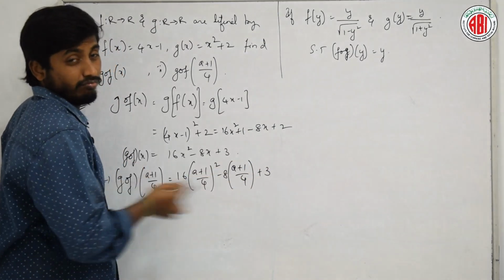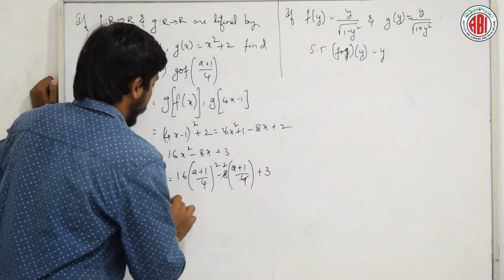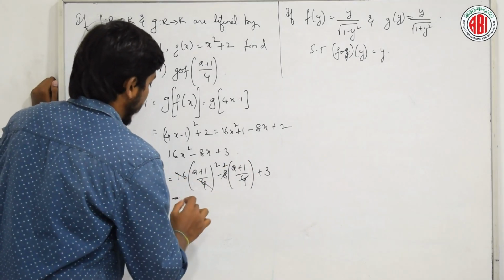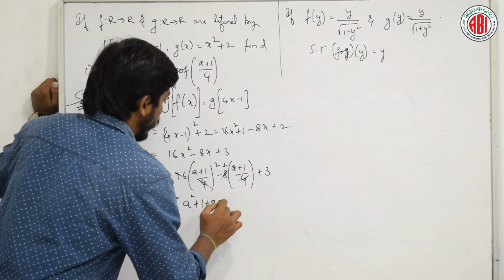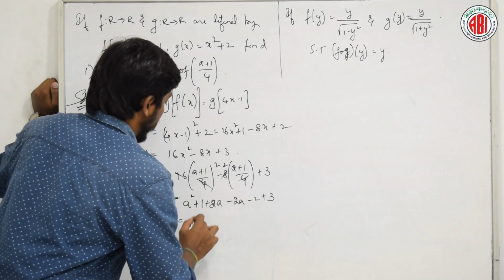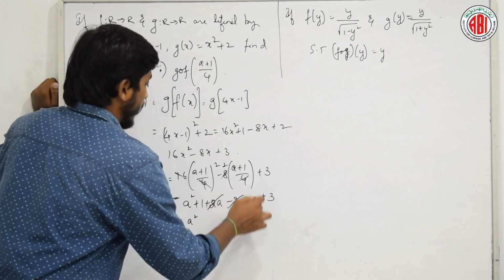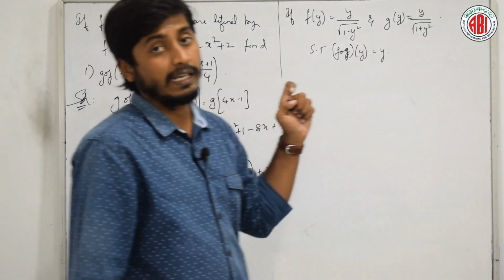If you wish to simplify, you can. 4 ones are 4, 4 twos are 8, and here 4 square will get cancelled. Here it is a plus 1 whole square: a square plus 1 plus 2a minus 2a minus 2 plus 3. That is nothing but a square, 3 minus 2 is 1, 1 plus 1 is 2. This is the answer. Clear?